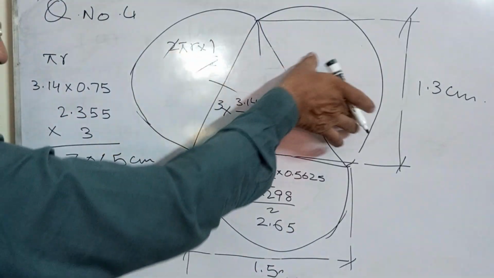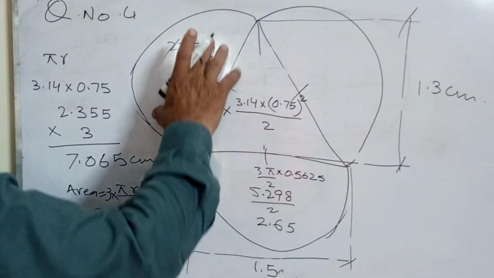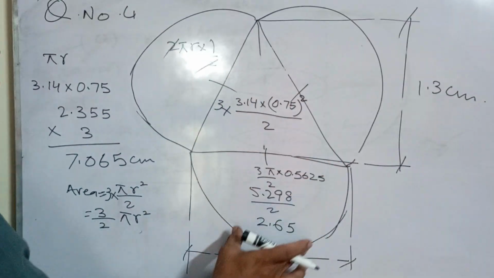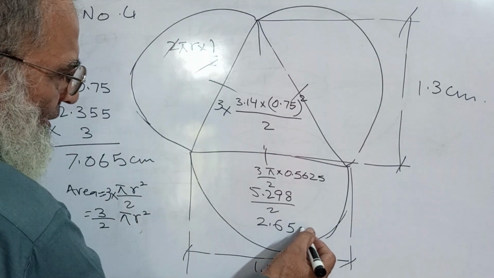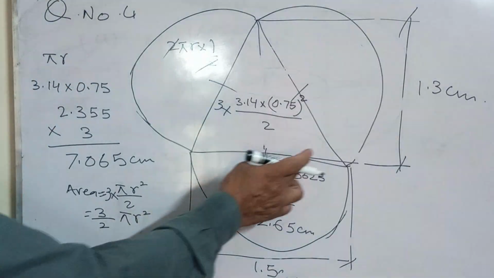The area included in these 3 half circles is 2.65 centimeter square.